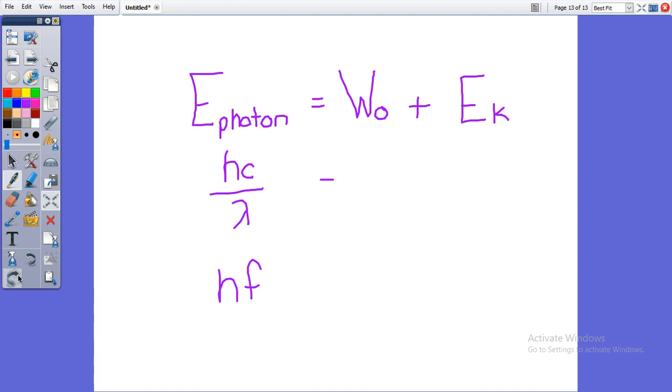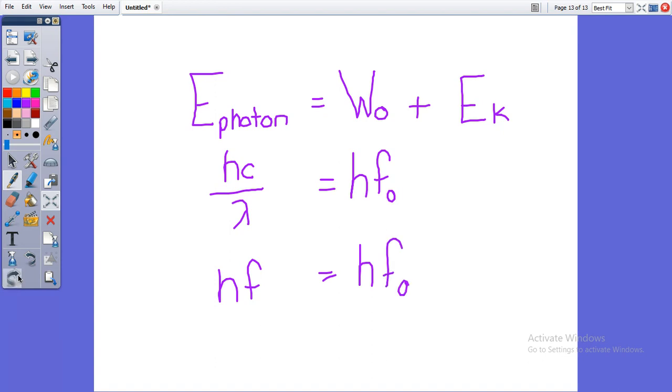So according to what the question tells you, you're going to change this equation. The next thing is that you need to remember that the work function energy is the same as the minimum energy of the light, which is equal to hf naught, which is the threshold frequency. So you could also change the work function energy to hf naught. So they might give you the threshold frequency, or they might ask you for the threshold frequency, and then you'll just change it into that.